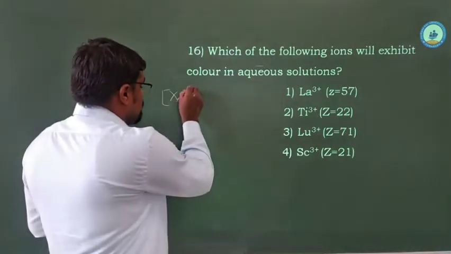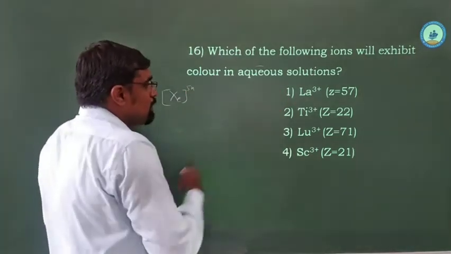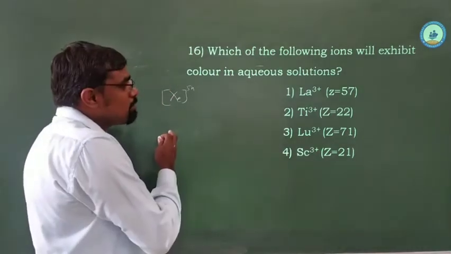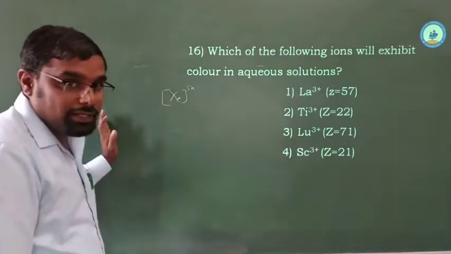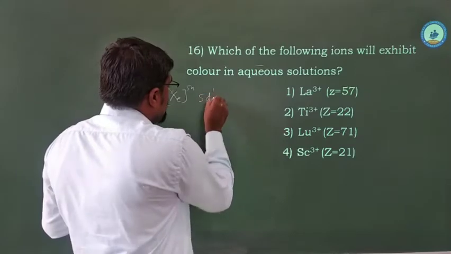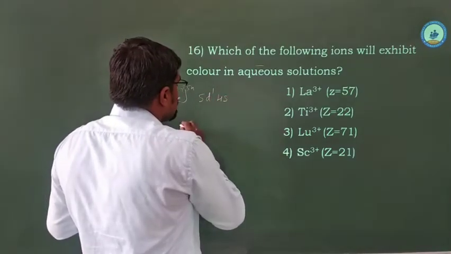After xenon 54, we fill the electrons in the d orbital and then the s orbital: 5d1, 6s2.